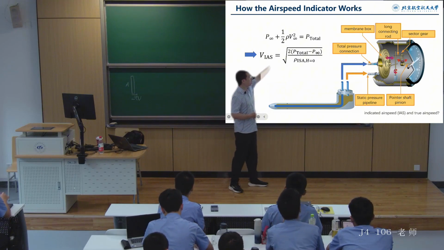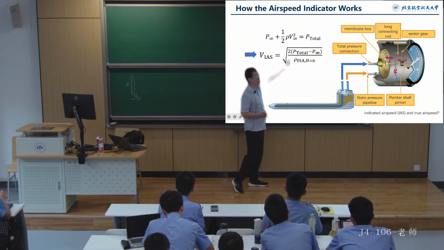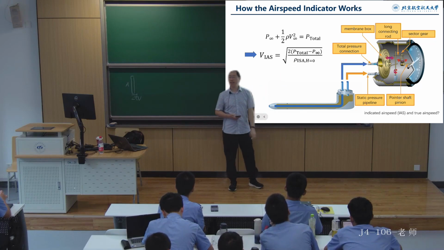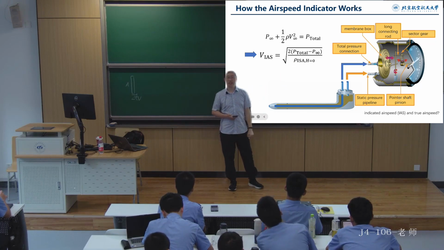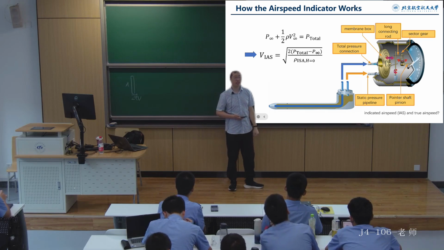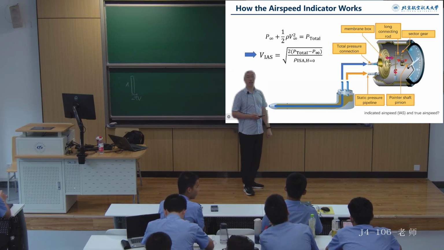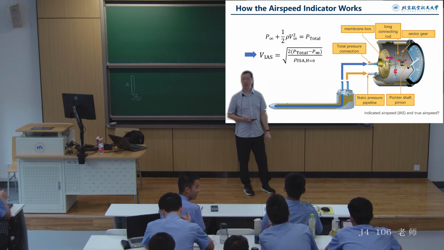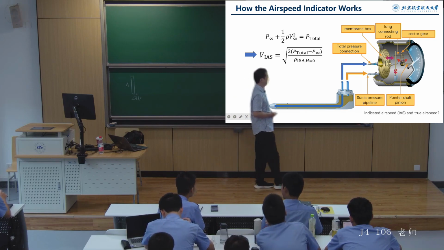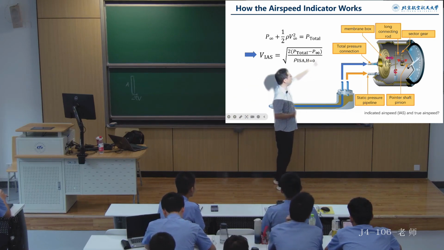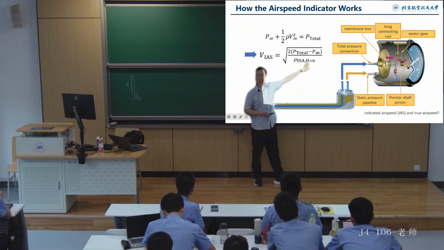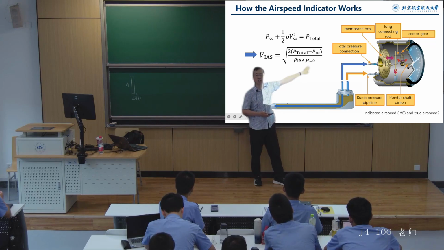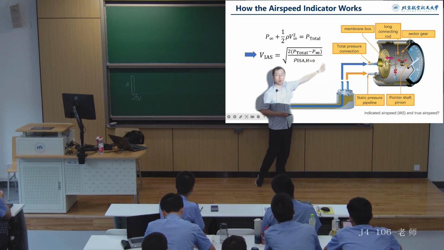Alright, so under what circumstances will the indicated airspeed be equal to the aircraft's true airspeed? Intuitively, we say that only when the air density around you is equal to 1.25 kilograms per cubic meter, the airspeed indicated by the airspeed indicator is the true airspeed.